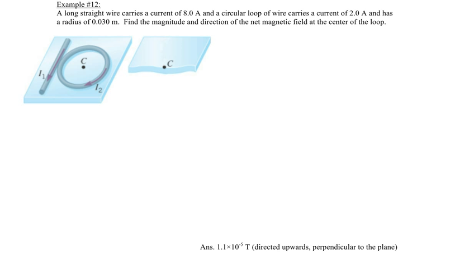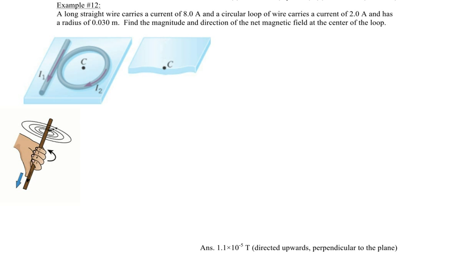Let's first examine what the magnetic field lines would look like around these two wires. If we consider the long, straight conducting wire right here, we'd use the right-hand rule. Orient your thumb downwards, as if you're holding this wire and your thumb is pointing in the direction of the current.